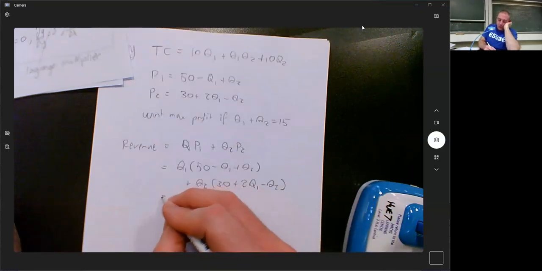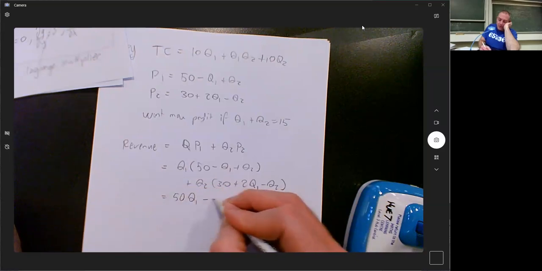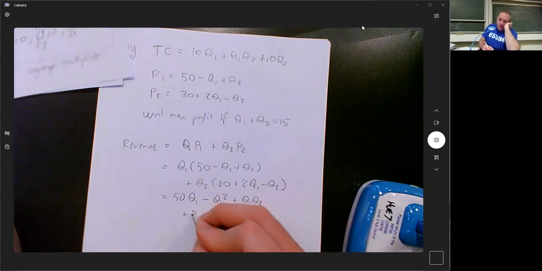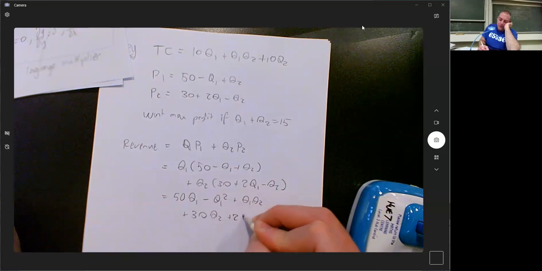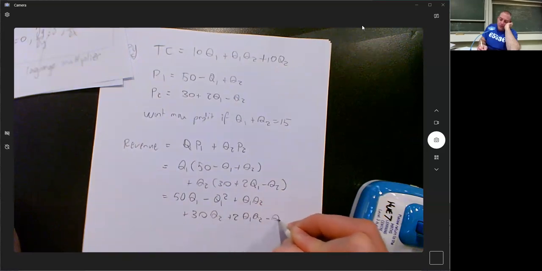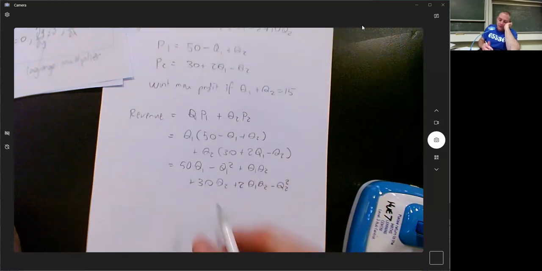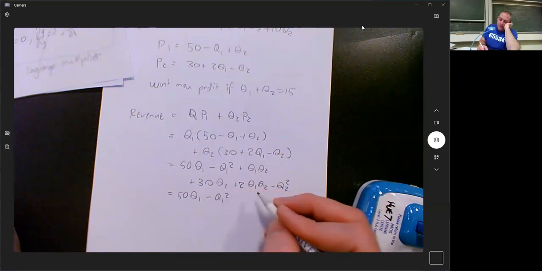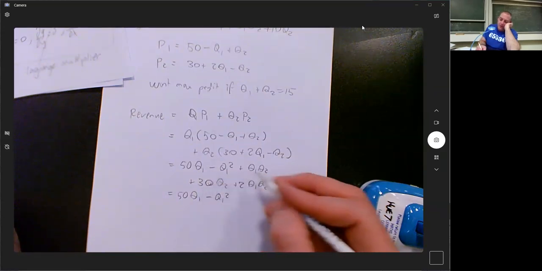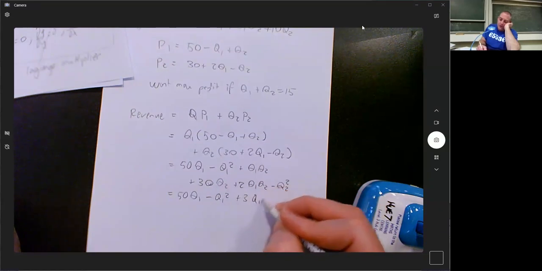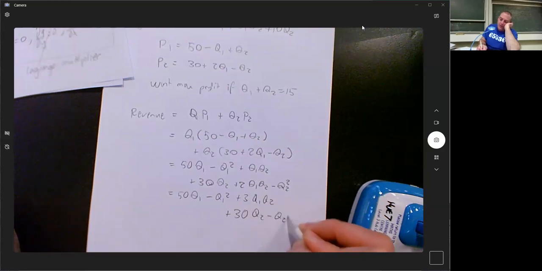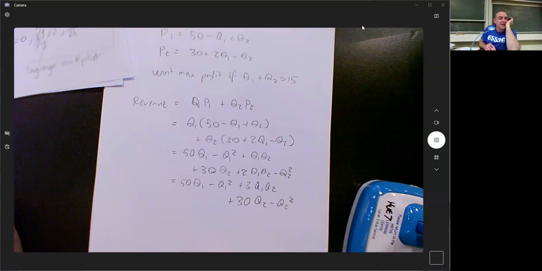Oh wow, sure, and why not? 50 Q1 minus Q1 squared plus Q1 Q2 plus 30 Q2 plus 2 Q1 Q2 minus Q2 squared. So 50 Q1 minus Q1 squared, and now we've got 3 Q1 Q2s plus 30 Q2s minus Q2 squared. That didn't simplify very much. Oh well. And profit is revenue minus cost, yeah?